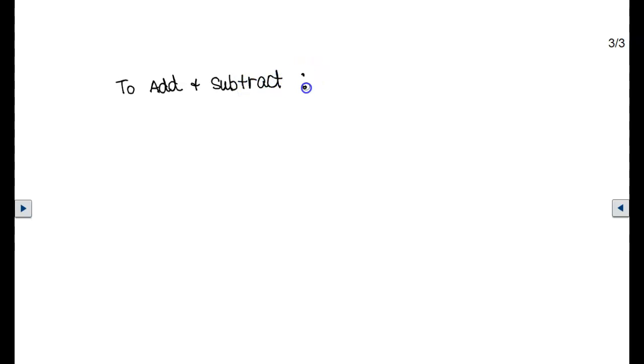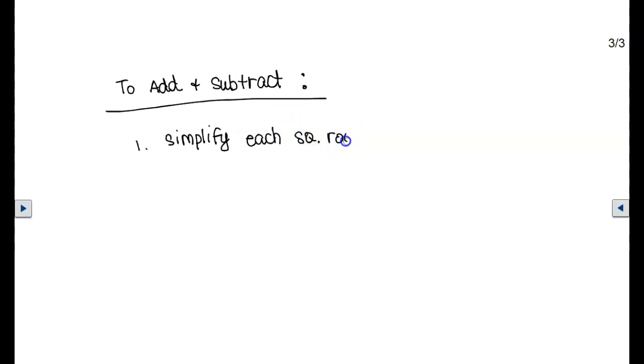Now, to add and subtract square roots, here's what we are going to do. The first thing you are going to do is simplify each radical, and I'll show you why in just a minute. You're going to simplify each square root in the problem. Notice that's different because on multiplying, we simplified at the end.